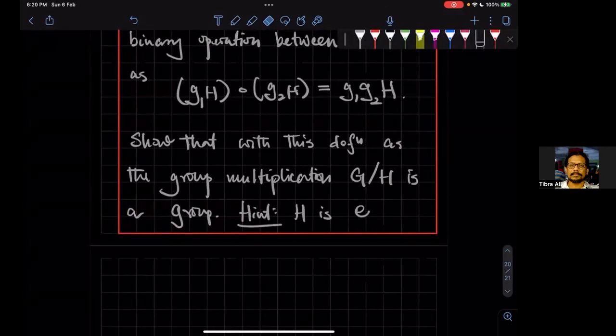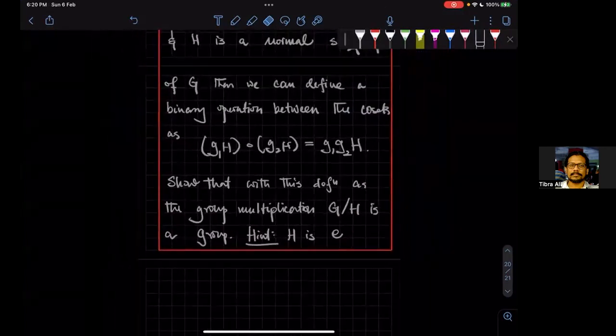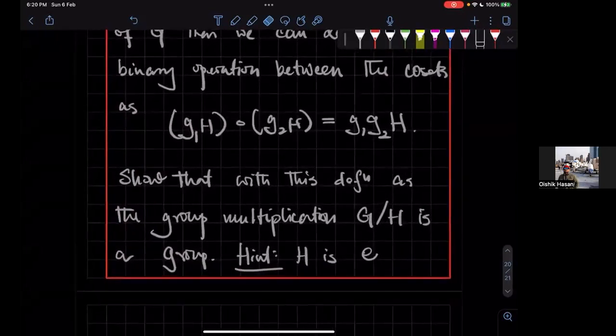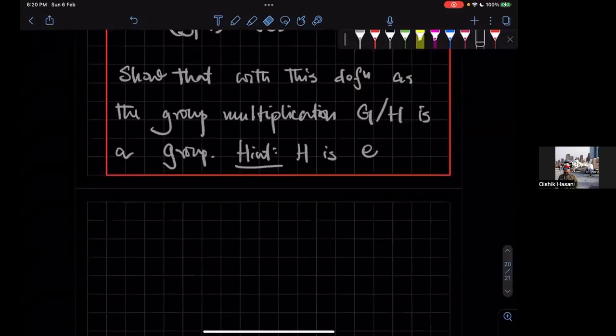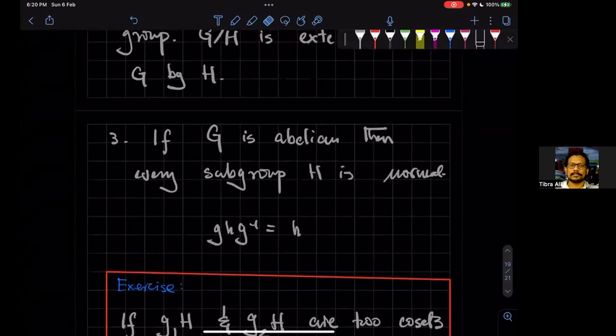All right. Any questions? Sir, what does abelian mean? Point number 3. Abelian means that all the elements of a group commute, then that's an abelian group.